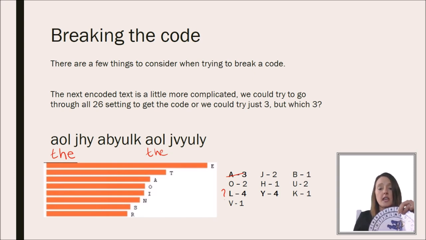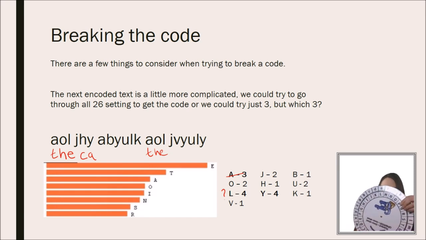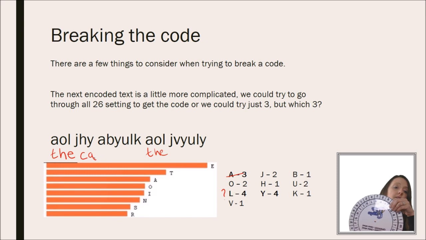Now, rather than checking to see whether or not Y is in fact E, what I'll do is check the next word, because the next word is also only 3 letters long. So if we look at J, J becomes a C, H becomes an A, and Y down here becomes an R. So what I now have is the car, and the again.